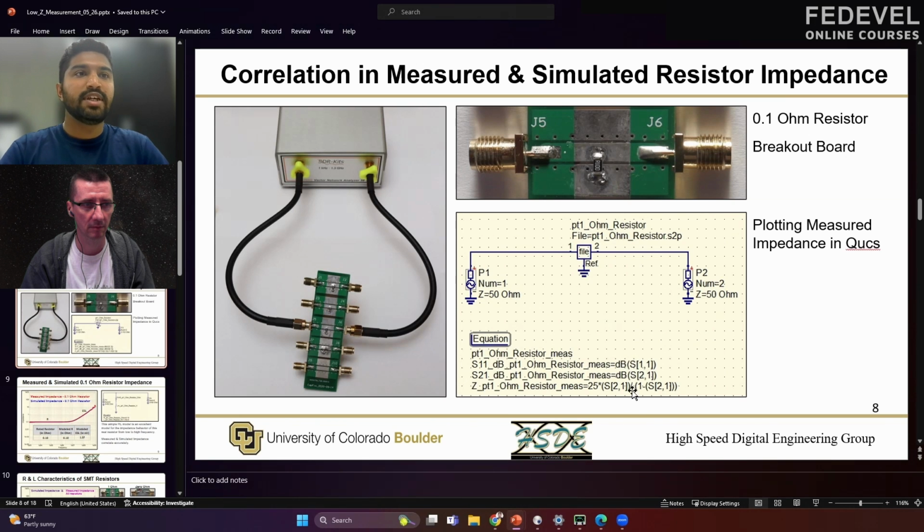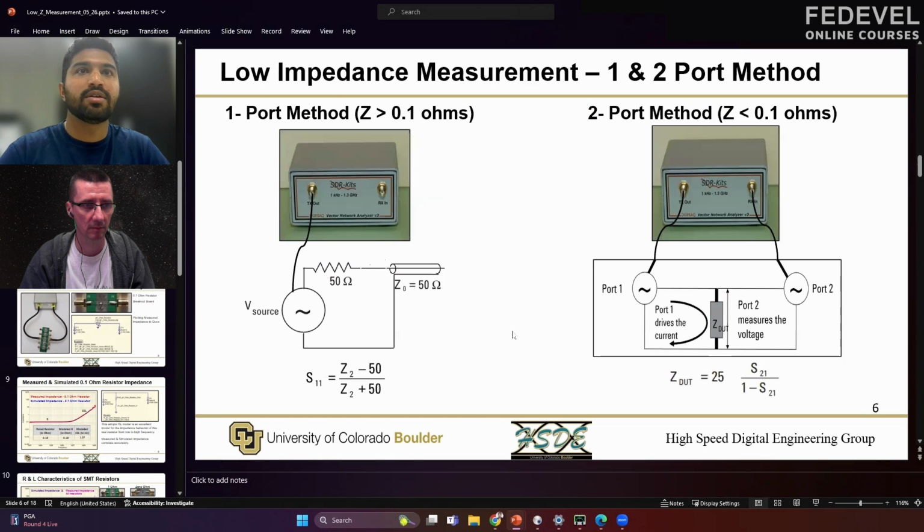Then you have these equations to actually calculate the impedance from the insertion loss. S11 is the reflection coefficient, and S21 here is the transmission coefficient. From the transmission coefficient, we use the formula 25 times the transmission coefficient divided by 1 minus the transmission coefficient, the same formula that we mentioned here.